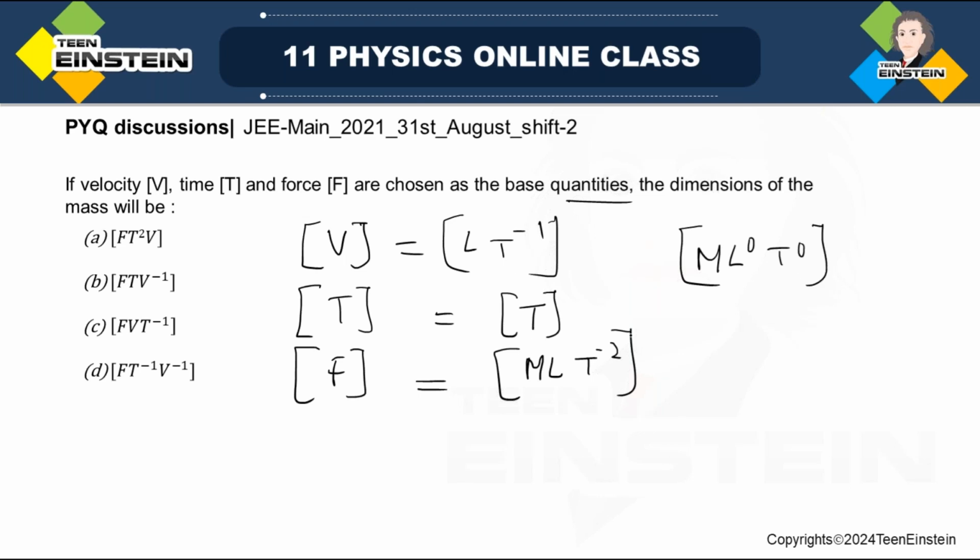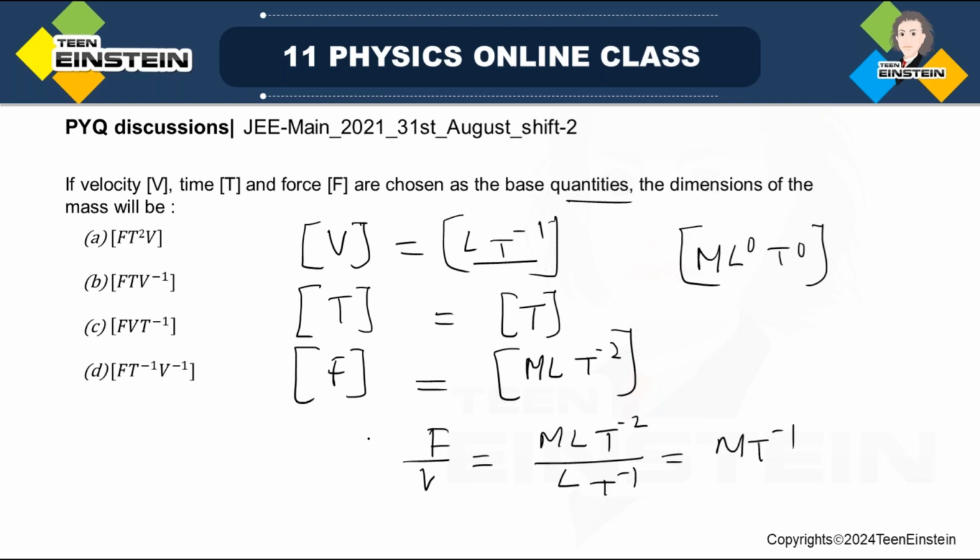So out of these three, how do I get that? Look, if I divide F by v, what will I get? The dimension will be M L T to the power -2 divided by L T to the power -1, so it gives M T to the power -1.